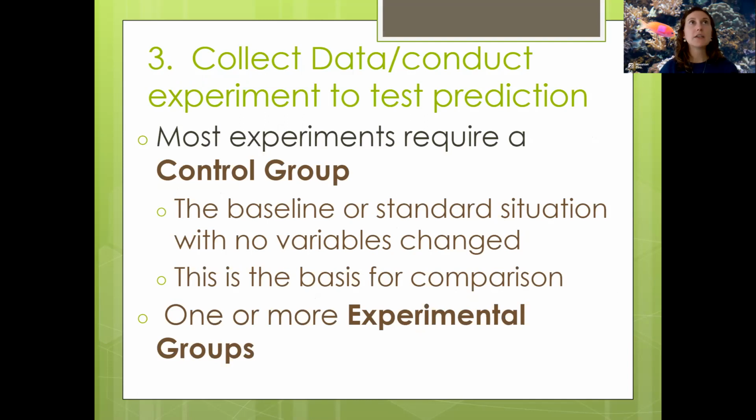These are going to be your individual seeds or your sample that's not actually receiving any treatment. So if I'm seeing how salt in soil affects plant growth, my control group is going to be plants that don't have salt in the soil that I can then compare to the plants that do have salt in the soil, my experimental groups that have that independent variable attached to them.